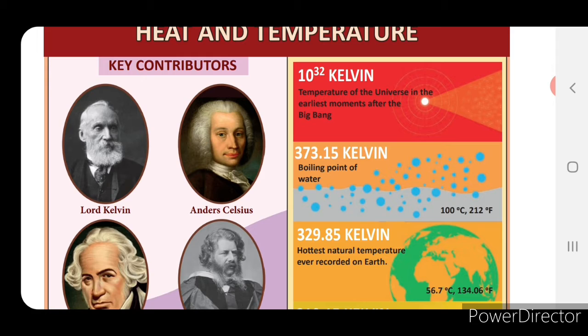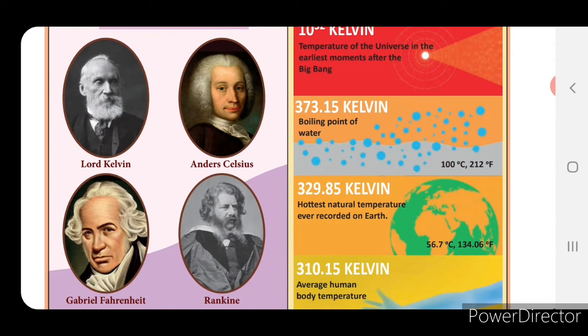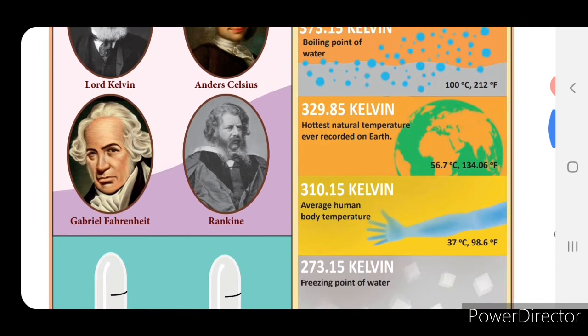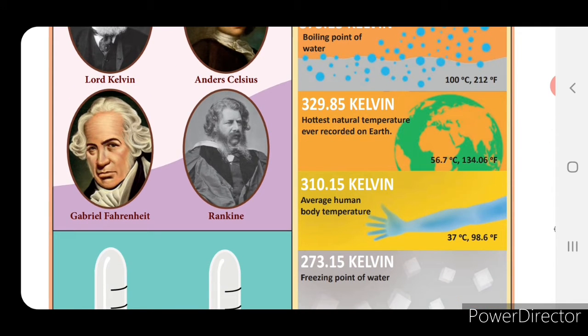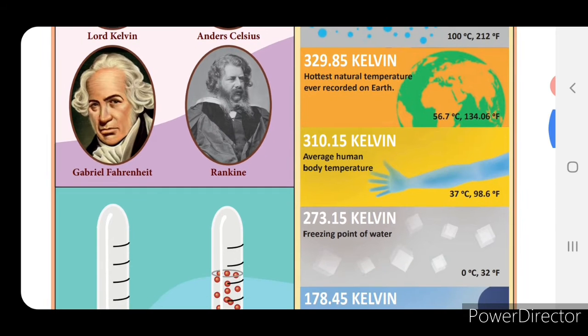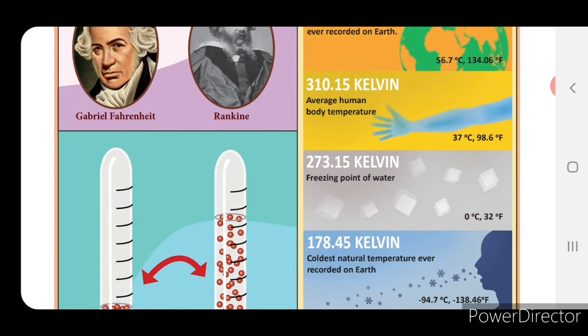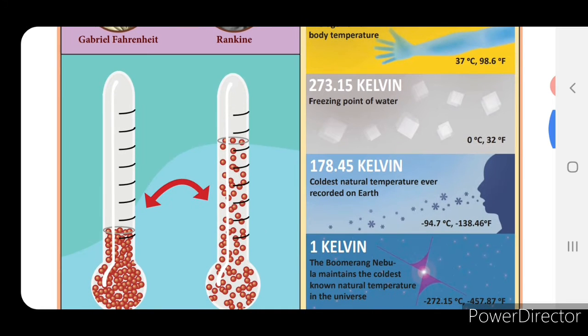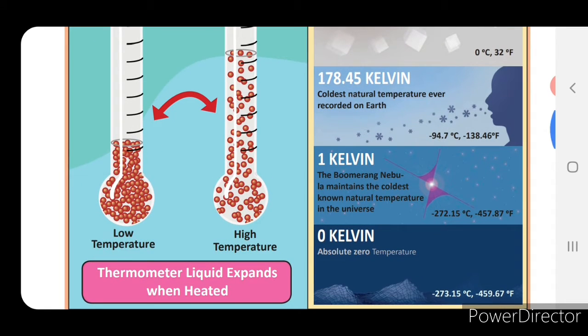The boiling point of water is 373.15 Kelvin, the hottest natural temperature ever recorded on earth is 329.85 Kelvin, the average human body temperature is 310.15 Kelvin, the freezing point of water is 273.15 Kelvin, and the coldest natural temperature ever recorded on earth is 178.45 Kelvin. The Boomerang Nebula maintains the coldest known natural temperature in the universe, about 1 Kelvin.